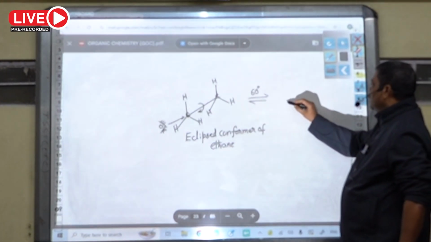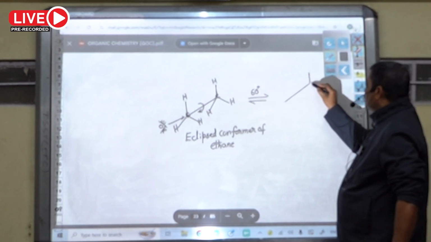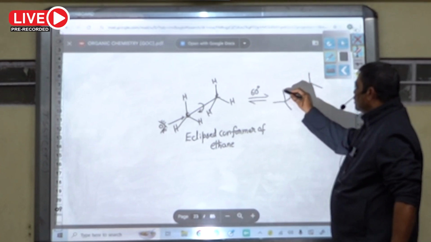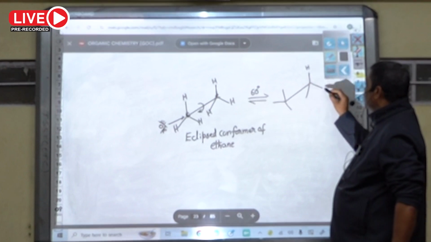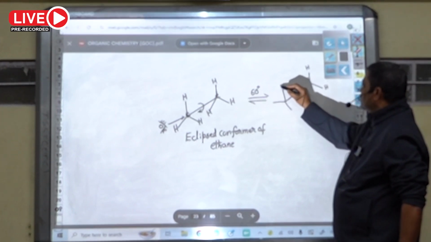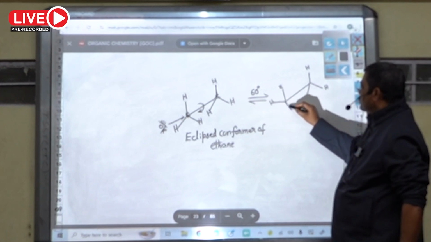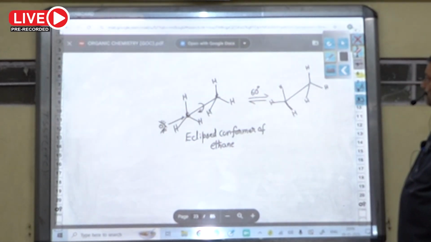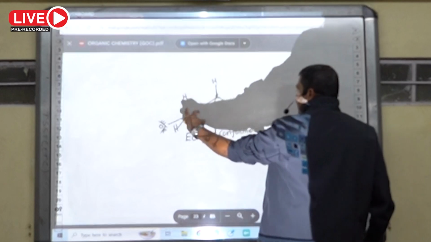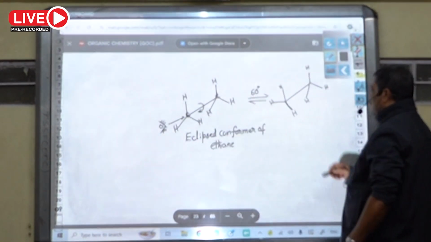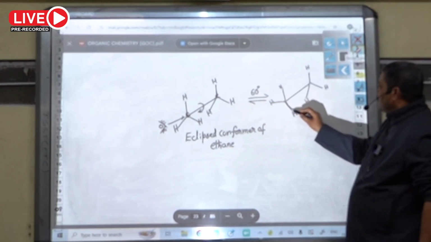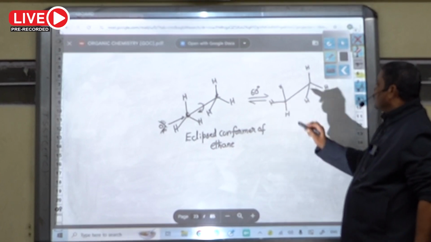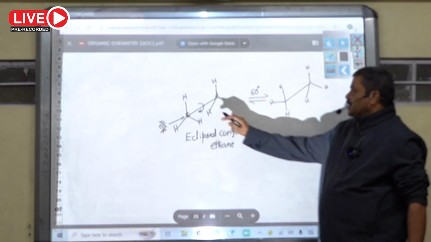Now I write this like this. If I rotate, this H will come down.